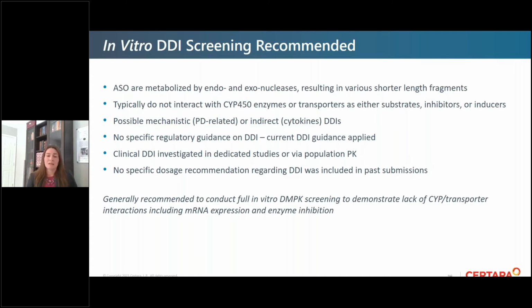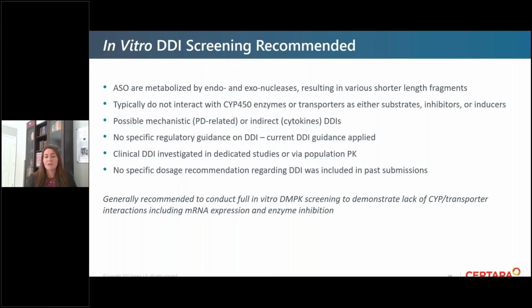As I explained, the exonucleases would just cleave a nucleotide out of the ends of the oligonucleotide, the 3' or the 5' end, and make shorter length fragments, while the endonucleases may cleave the molecule more inside, in the middle of the structure. But because these are large molecules, negatively charged, hydrophilic, they do not typically interact with CYP enzymes. They have not been demonstrated to be substrates, inhibitors, or inducers. It's the same thing with transporters.